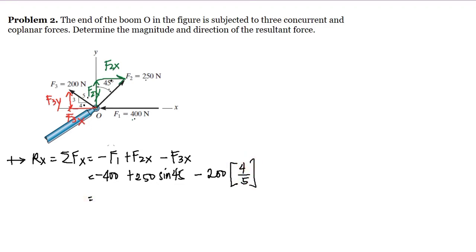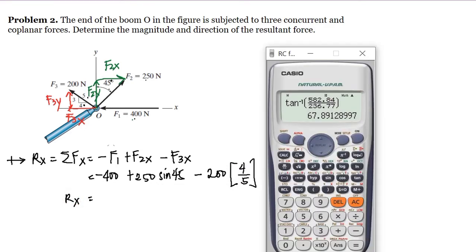So computing for the resultant force along the x direction, that is negative 400 plus 250 sine of 45 degrees minus 200 times 4 over 5, and that is equal to negative 383.22.